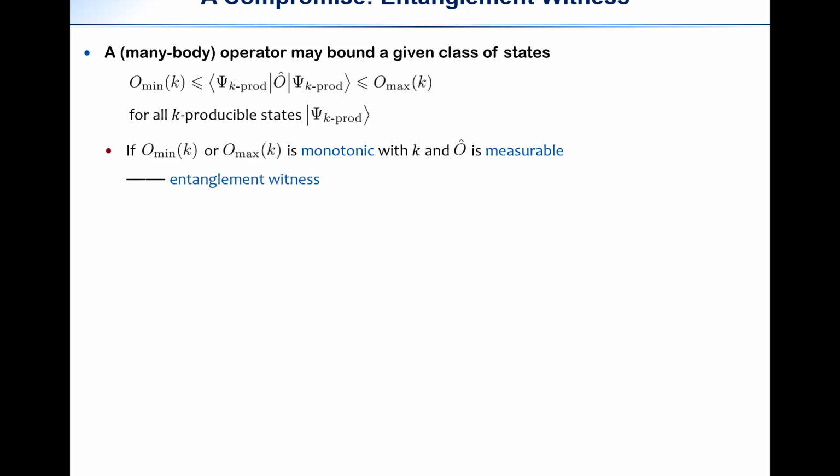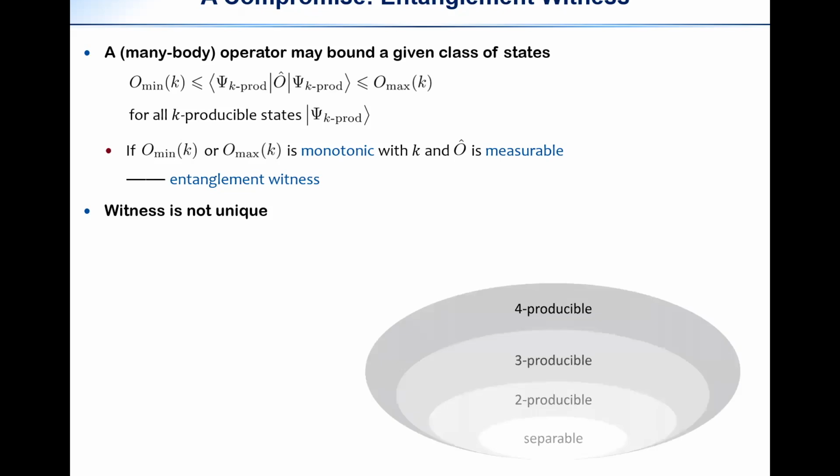Again, this is not a precise measure because you only have an inequality. You do not have a precise value of k. You only have a lower bound of k, and it's not unique because you can design different operators. Alan just discussed the tangle, one tangle, two tangle, and entanglement. There's also quantum spin, quantum Fisher information.